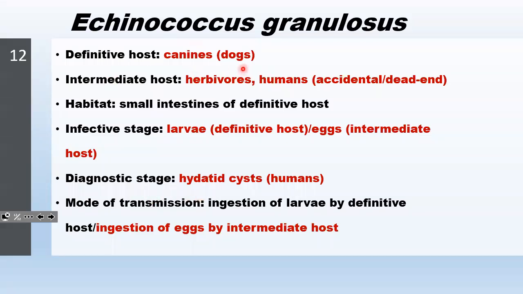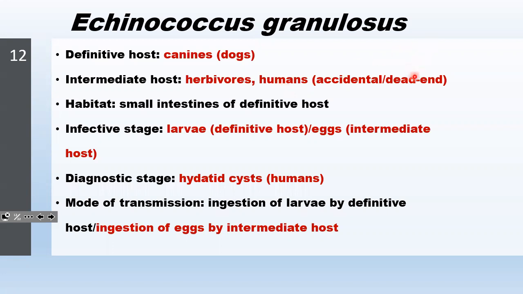So as a summary, with Echinococcus, there are certain things you should note. Humans are not the usual definitive host, so it's the dogs. However, because the eggs are also infective to humans, we can become accidental intermediate hosts or dead-end hosts. Now remember, the life cycle ends in humans because if you don't feed the human body to the dog, that's the end.